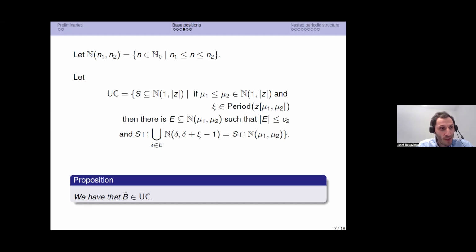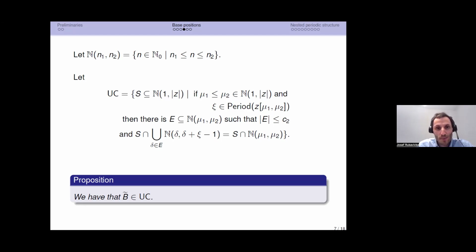My proof is a kind of generalization. I do not consider all the positions of the factor. I consider only base positions. And due to this proposition, I can show that I cannot reach all the base positions using only k palindromes in the concatenation.